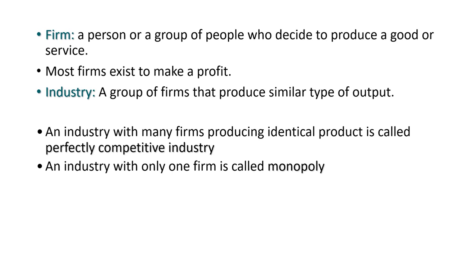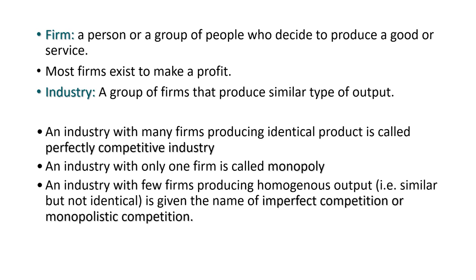However, we can find many industries that have few firms which produce a differentiated product, that is, their product is similar but not identical. This kind of industry is given the name of imperfect competition or monopolistic competition.